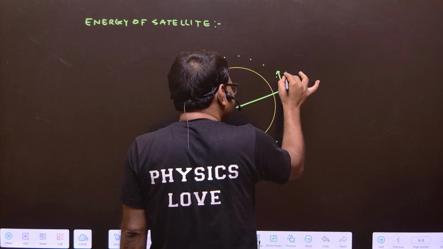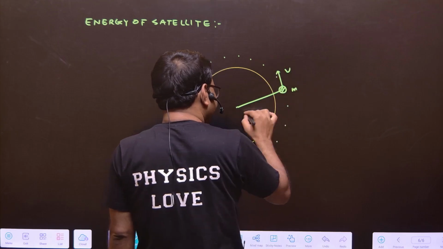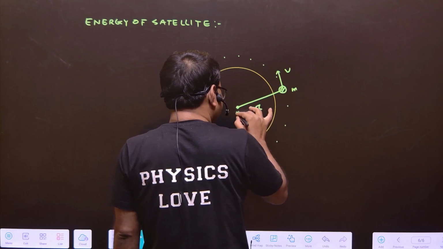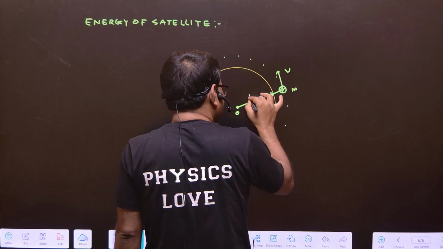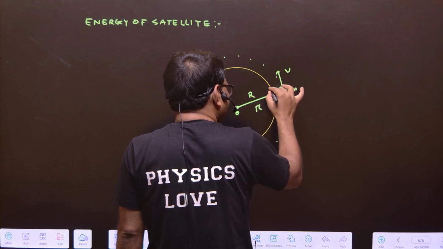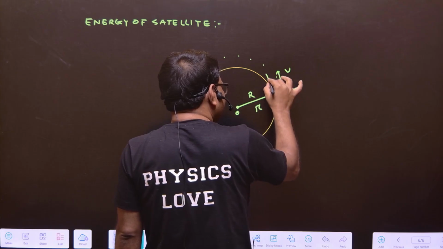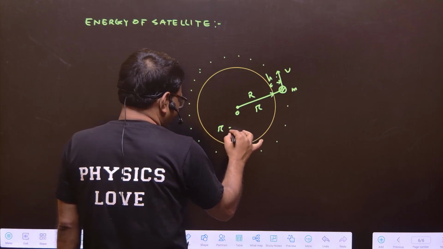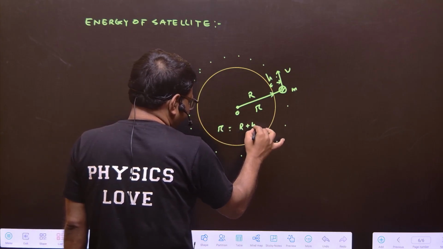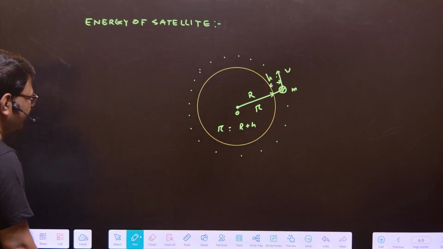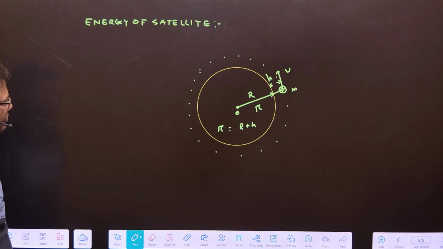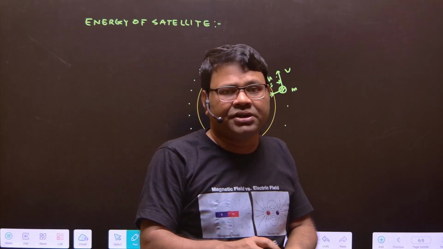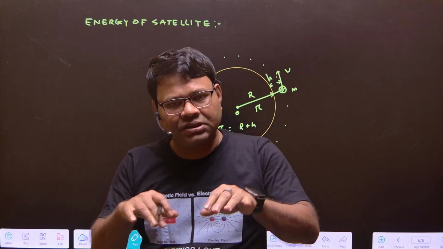Direction of the velocity of the satellite v in this direction. This is r. Center of Earth O, radius of Earth capital R, and height of satellite is small h. That is, r is equal to R plus h. Now see here. The satellite is revolving in the circular orbit, in the stationary orbit.